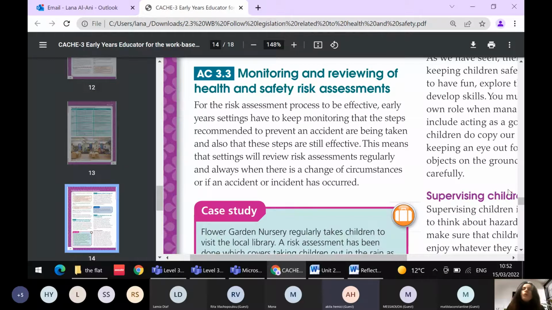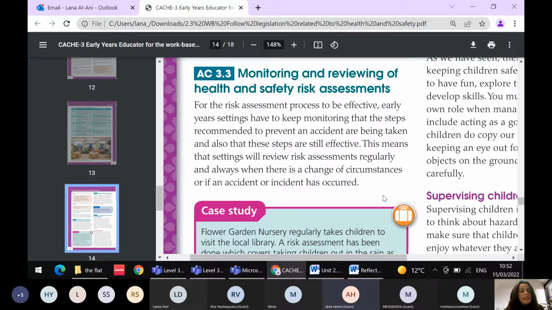For example, we made changes in the garden, and now the children are having an accident whenever they go to a certain area. So we need to change our risk assessment to make it up to date at all times. Make sure it's effective, it's still working. Children are having no accidents.